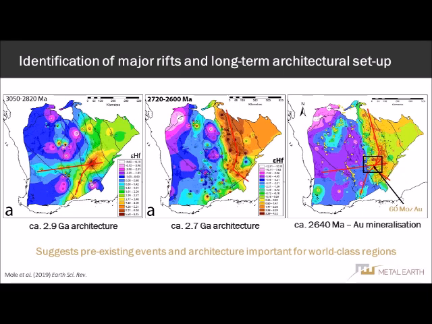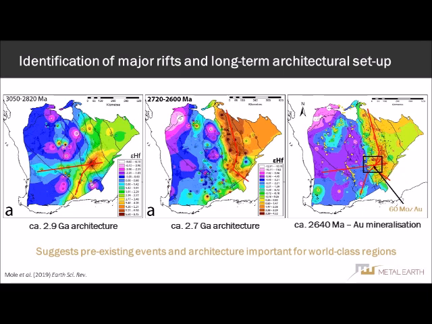So there's this building level of information of all these correlating events over 200 million years, building the potential for favourable architecture for a massive mineralising event.